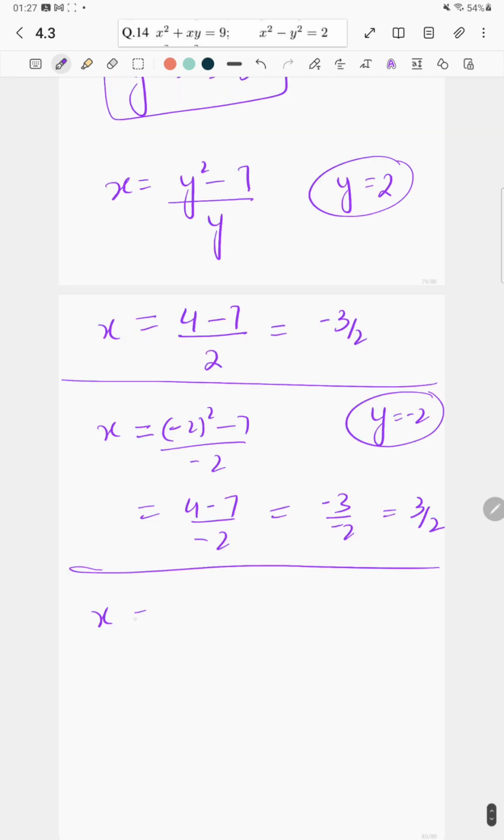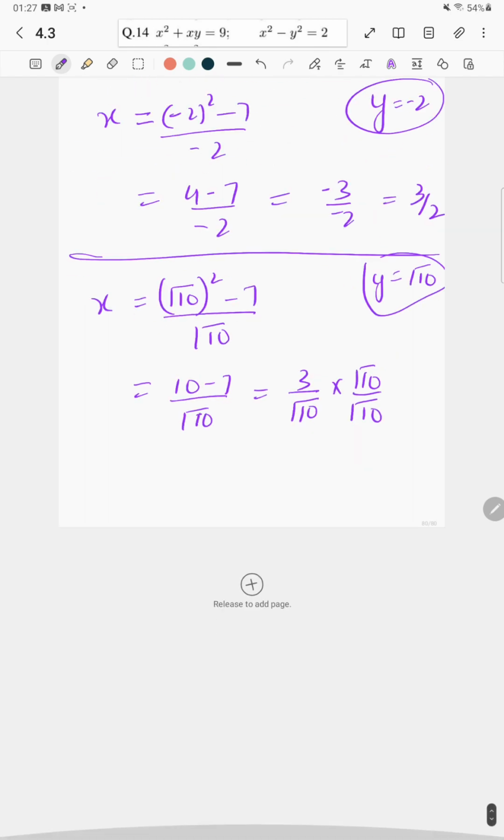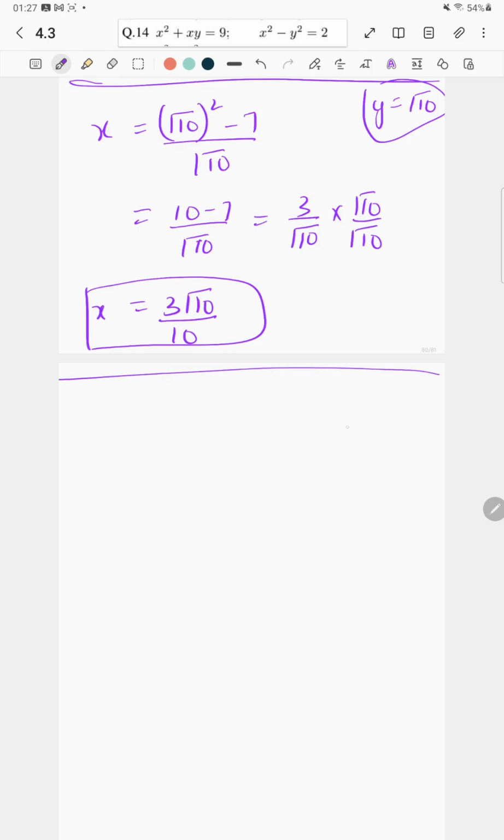Next, y is equal to square root 10. So square root 10 square minus 7 over square root 10, 10 minus 7 over square root 10, 3 over square root 10 times square root 10 over square root 10. So it's 3 square root 10 over 10. And the last is y is equal to minus square root 10.